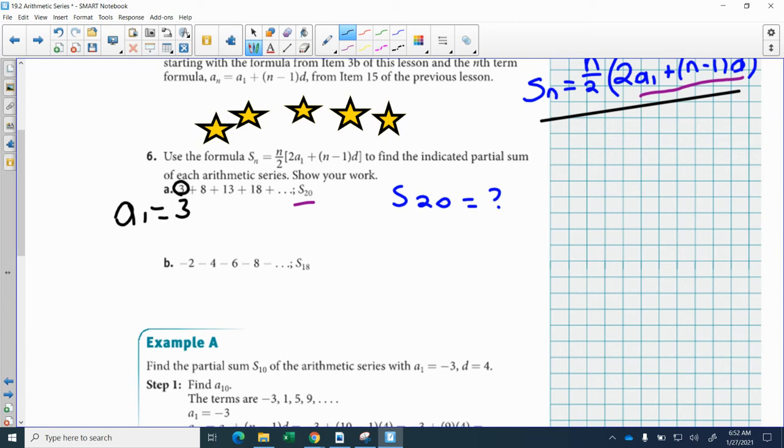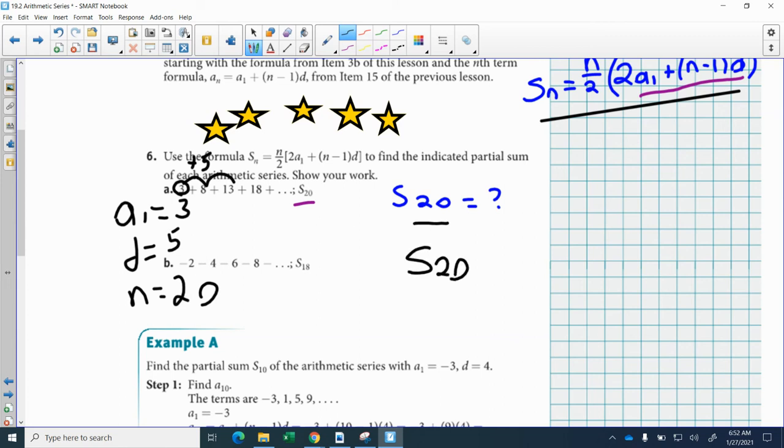That's our first term. Our difference, which in this case is a growth of 5 each time, so our difference is 5. And then our term number is 20. From there, I'm just going to fill it into the equation.